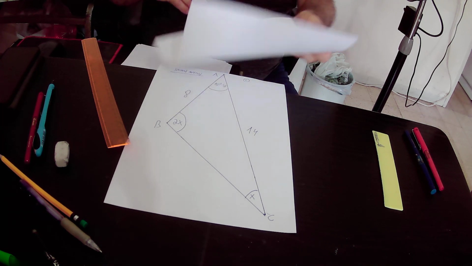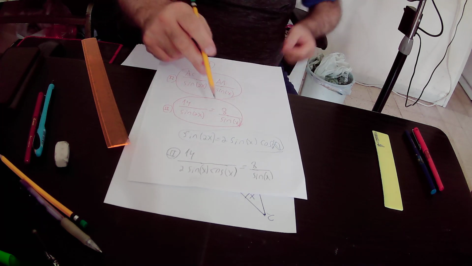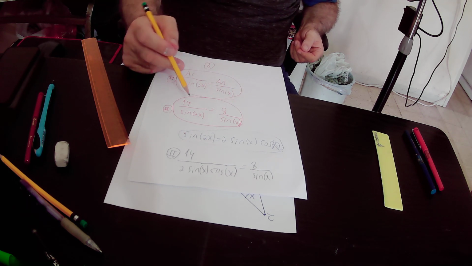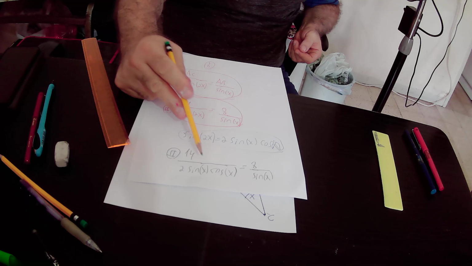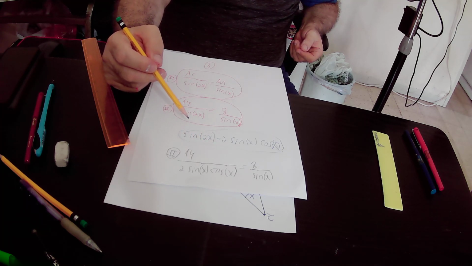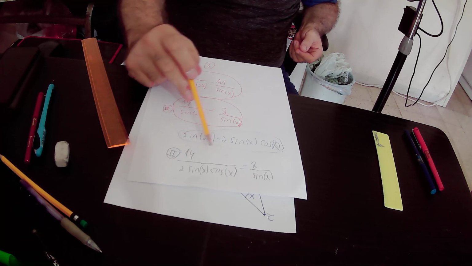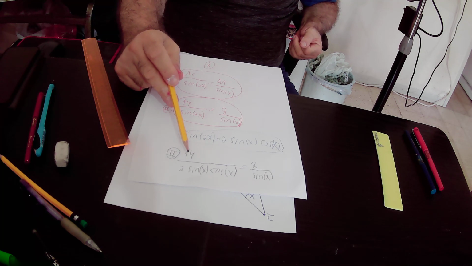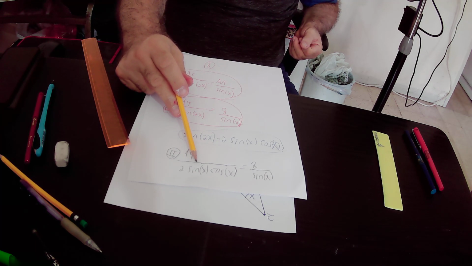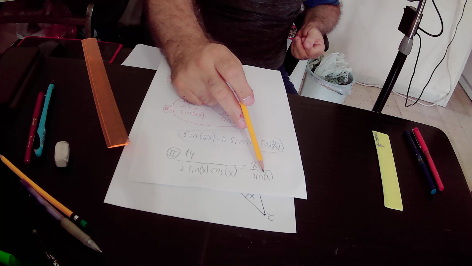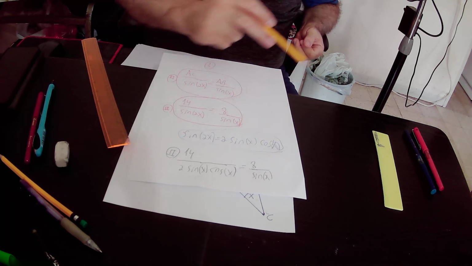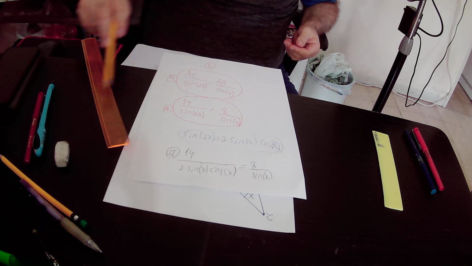Okay, so we used this trigonometric identity and we substituted sine 2x by 2 sine x cosine x. So here we can cancel sine x because we have sine x on this side of the equation, and we have sine x on the other side of the equation.